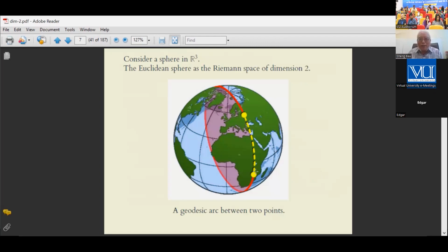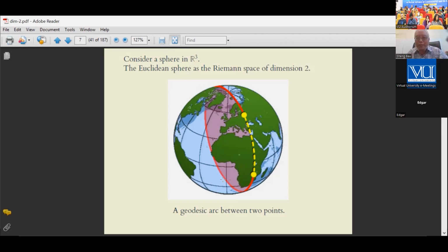If you fly, and the flight takes the great circle arc, then it is the shortest distance between 2 points. What is a great circle? If you have a sphere, then it has a center. A great circle passing through 2 distinct points on the surface of the sphere: there is a unique plane determined by 3 points, the center and those 2 distinct points.